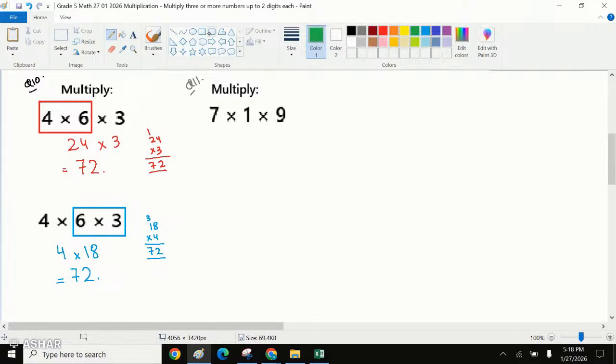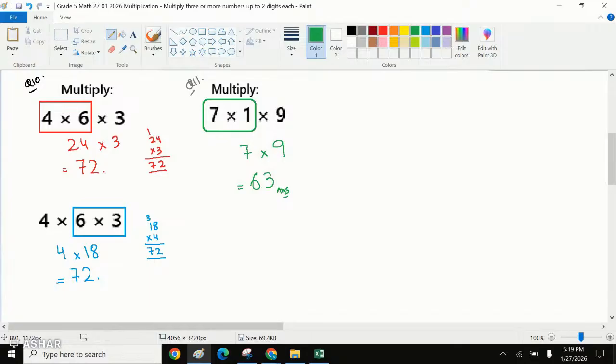So 7 multiplied by 1 would be simply 7. Multiplied by 9, 7 times 9 is 63. That is our answer. Agreed?